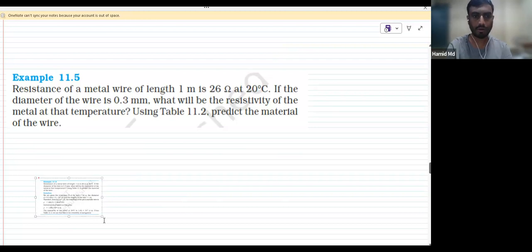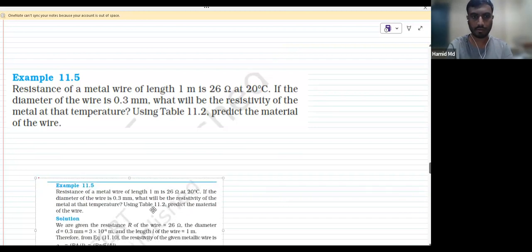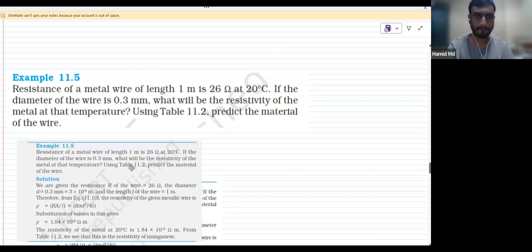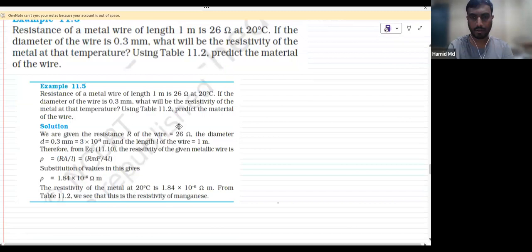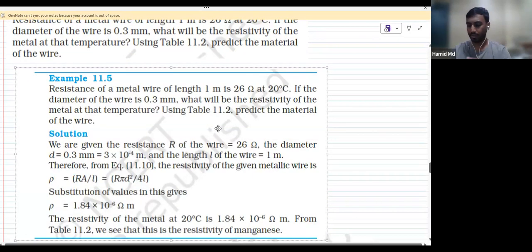Okay, this question is already here. I'm getting the solution as well because it's asking to use the table. That's why I copied the whole part.